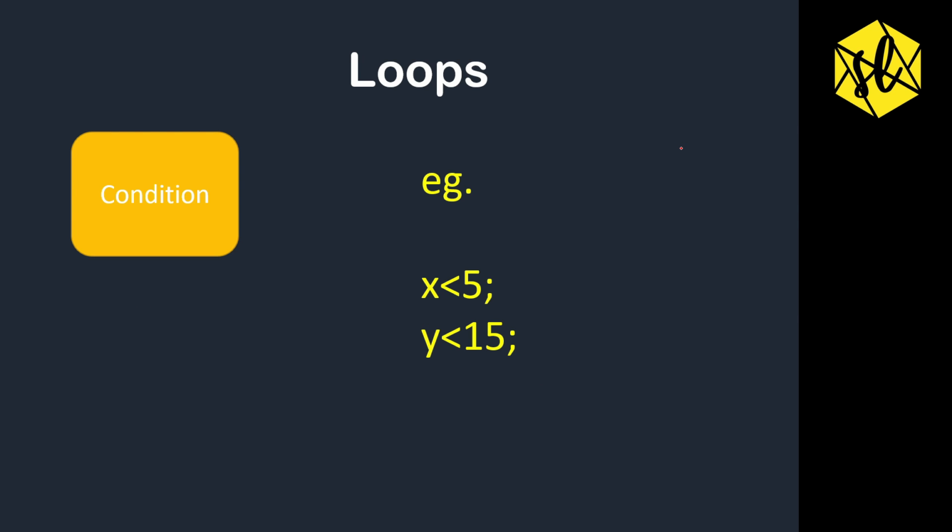This is the brain of our looping program. Now let's say condition part is the brain of our looping program. Basically these are expressions like x smaller than 5 or y smaller than 15 and many more, which can give only two values, either 0 or 1, or if you can say true or false.